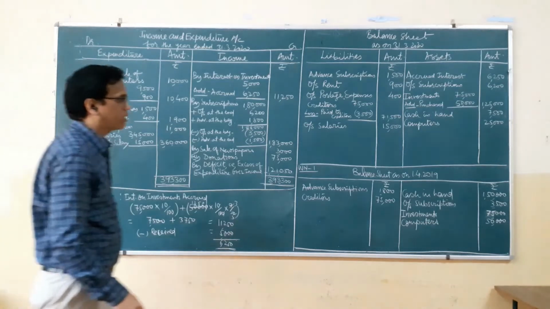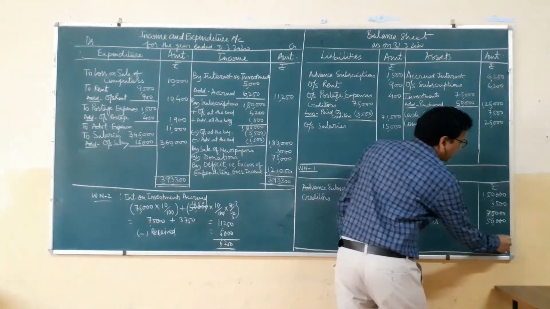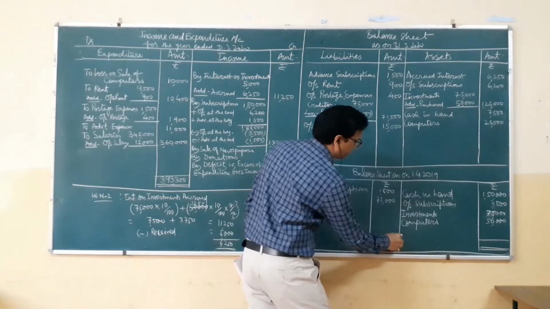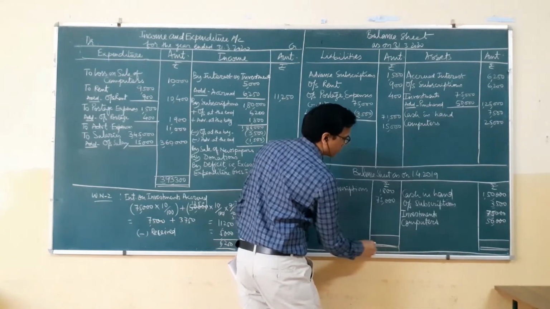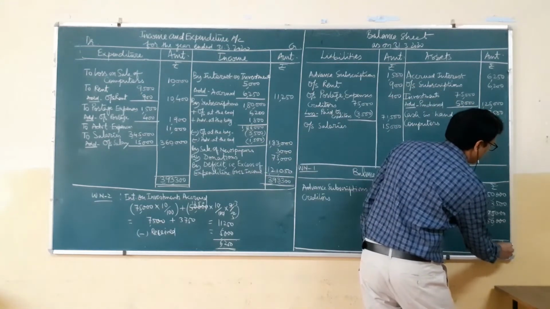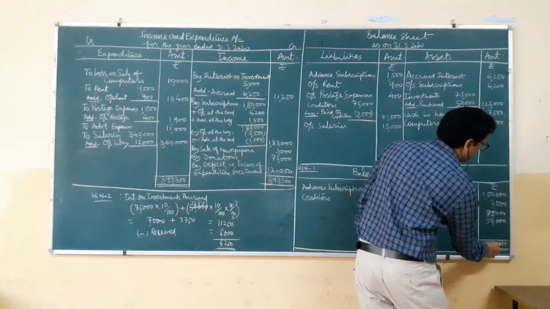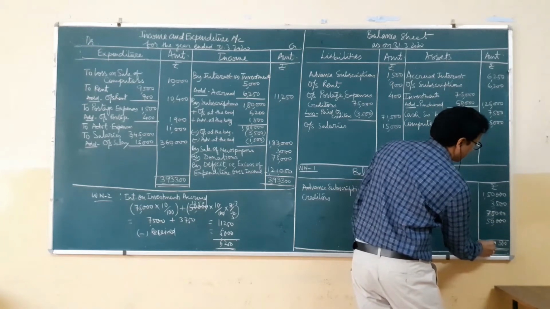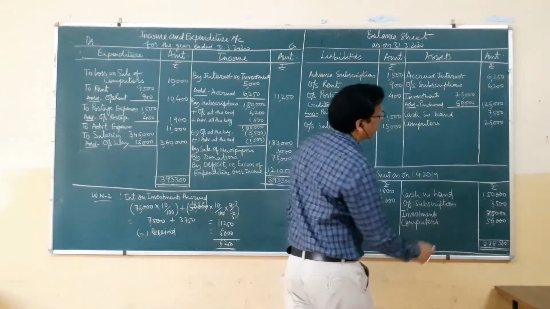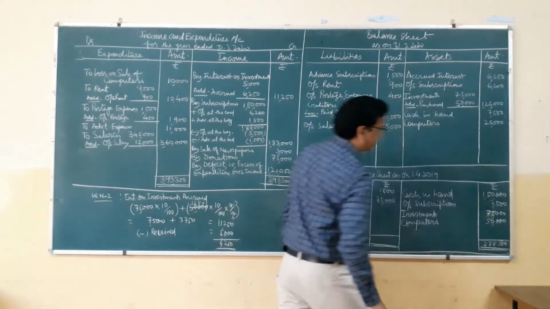Now we will calculate capital fund. So capital fund, take the total of asset side of the opening balance sheet. It is showing total 278,500.